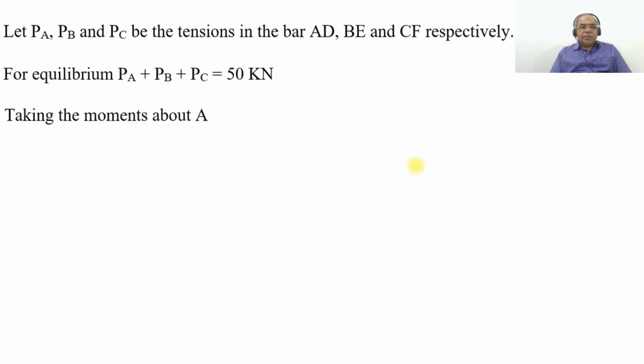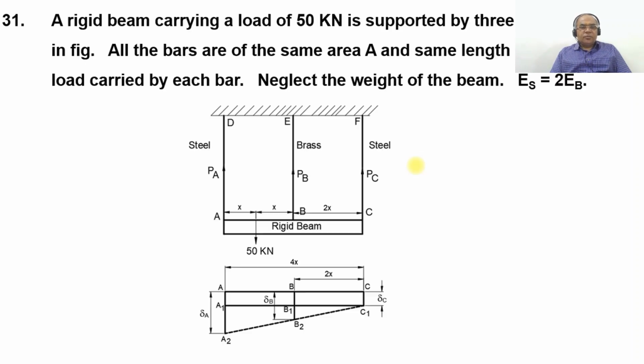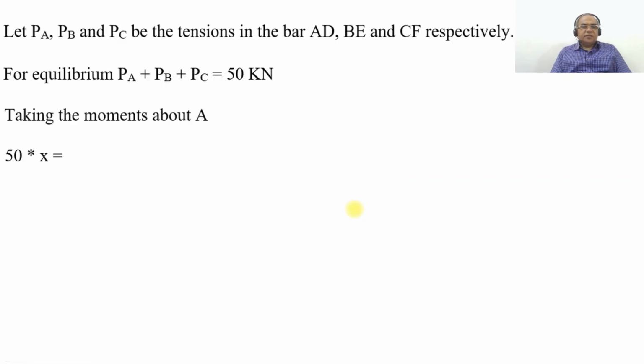Taking the moments about the point A, the sum of the clockwise couples will be equal to the sum of the anticlockwise couples. That means 50 into x will be equal to PB into 2x plus PC into 4x.